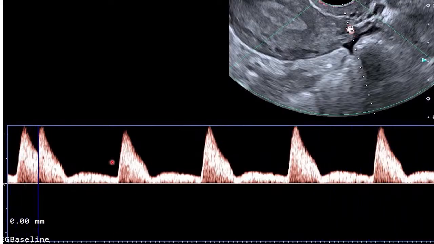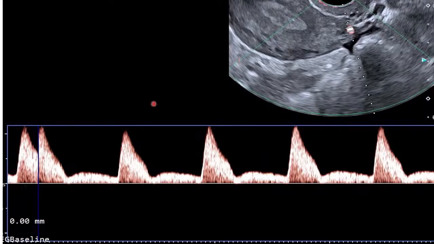So this is how a normal waveform appears. You can see here the uterine artery Doppler. That's the peak systole, and that's the diastolic notch that we have there. I need you to be able to identify the uterine artery like that, and after that, I need you to be able to measure the resistive index.